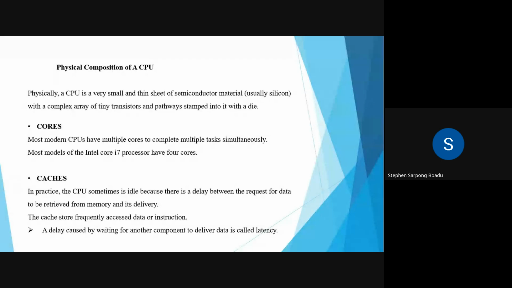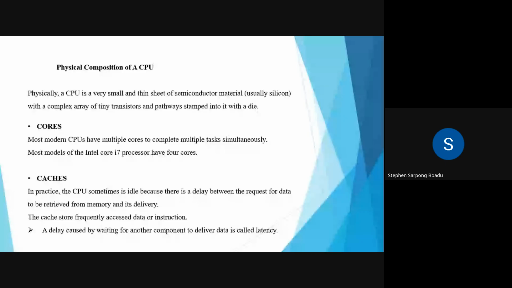Most models of the Intel Core i7 processors have 4 cores. One thing about the core is that more cores means faster multitasking, or more work can be done at a time. It's like having more employees, right?